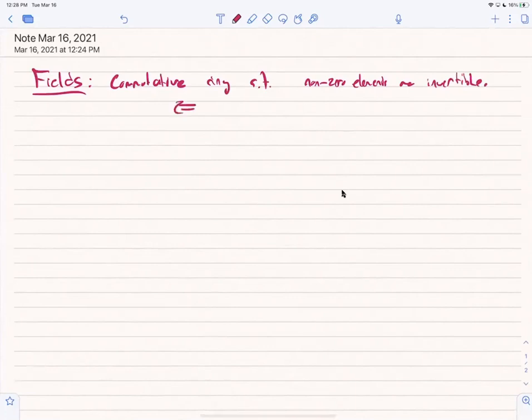And so equivalently, it's a ring whose only ideals are 0 and R. Well, if those are the only ideals, they're also the only prime ideals. Anyway, good. So it's a ring whose only ideals are 0 and R.